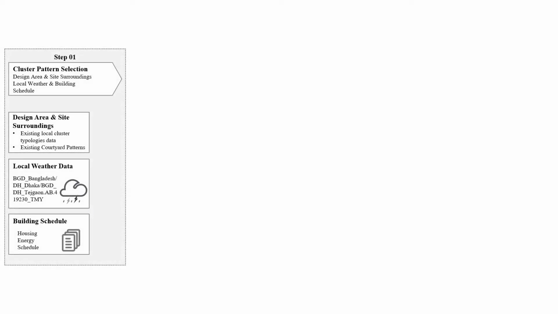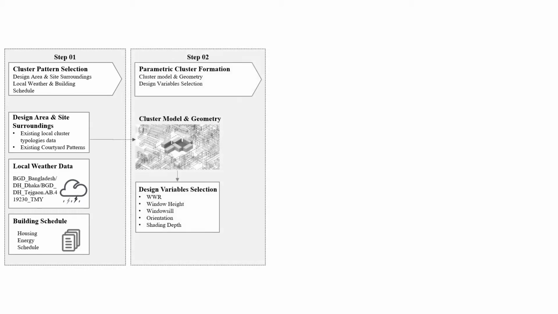The research framework was developed in 4 steps. First, we selected the container cluster patterns through observing the local housing cluster and courtyard typologies. In the second step, we developed a hypothetical container cluster and chose the design variables. Then, we performed the optimization process in 2 segments.